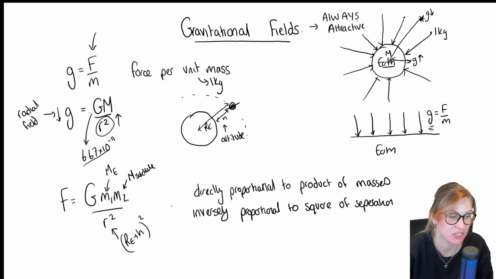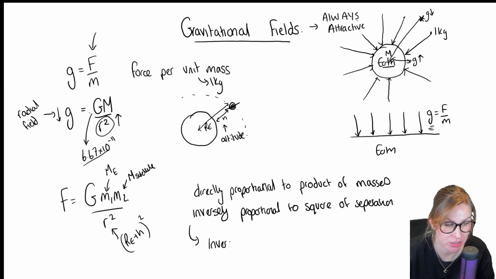So what is the gravitational force? It's directly proportional to the product of their masses and inversely proportional to the square of the separation. You might also see that as the inverse square law.